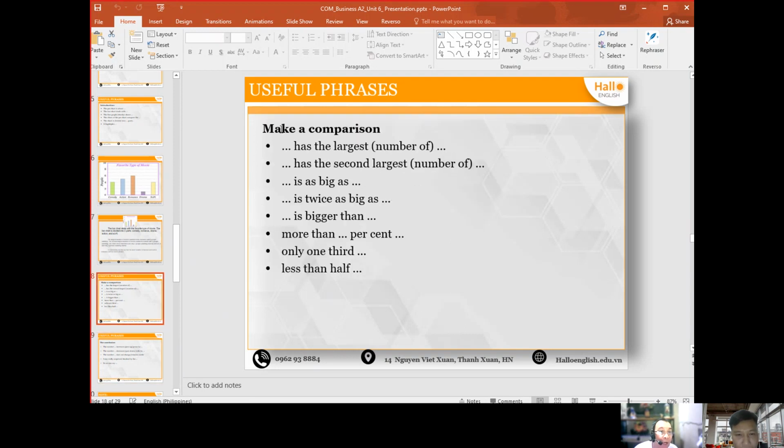This one is for making comparison. If you're trying to report and make comparison between the data, you can use this one.